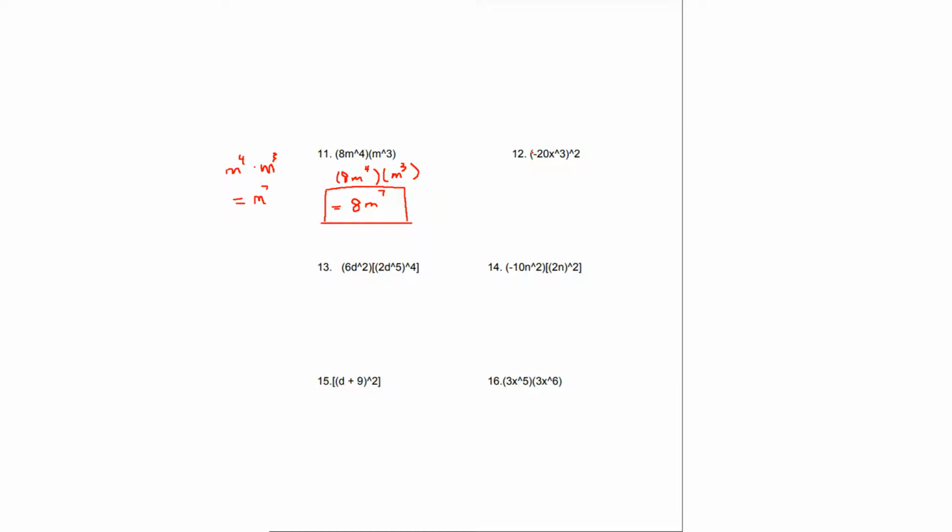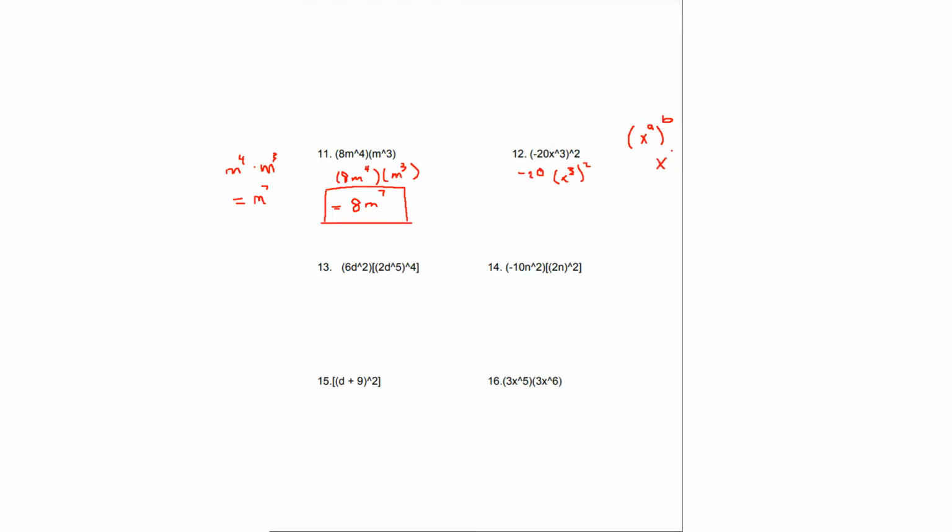Number 12, this is written incorrectly. It's supposed to be negative 20 times x to the power of 3, and this is squared. So for this, if you don't remember, when you're raising a term to another power, you just multiply the exponents together.